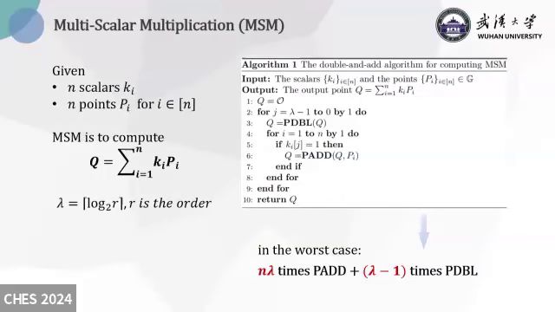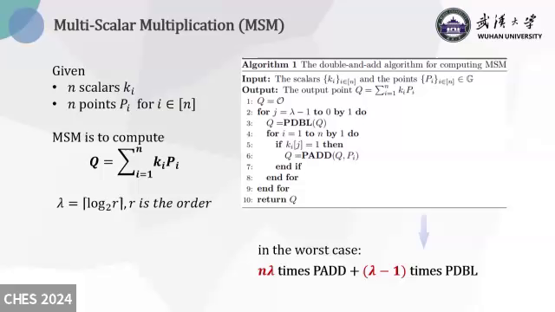Okay, firstly, we should introduce what MSM is. Given n scalars k_i and n points P_i, the target is to compute the sum from i equals 1 to n of k_i times P_i. Here, the double-and-add algorithm is a straightforward approach to compute MSM.